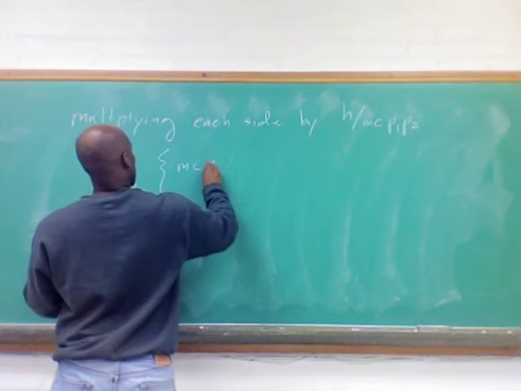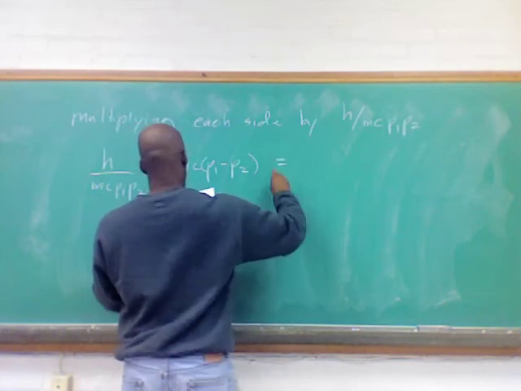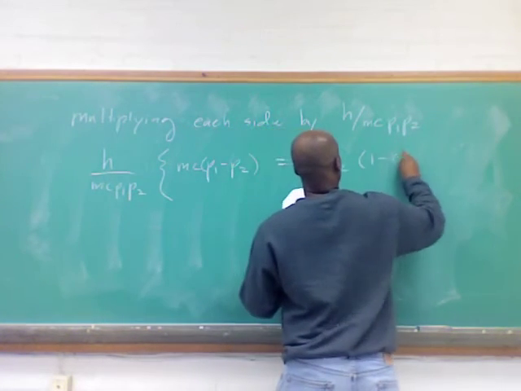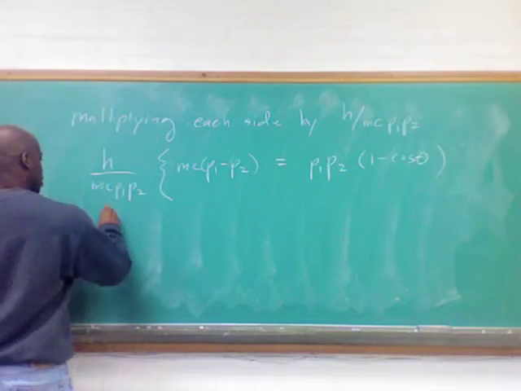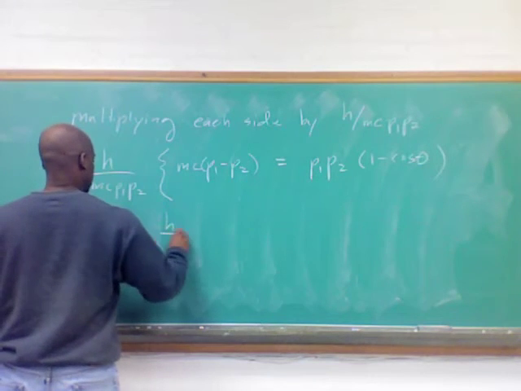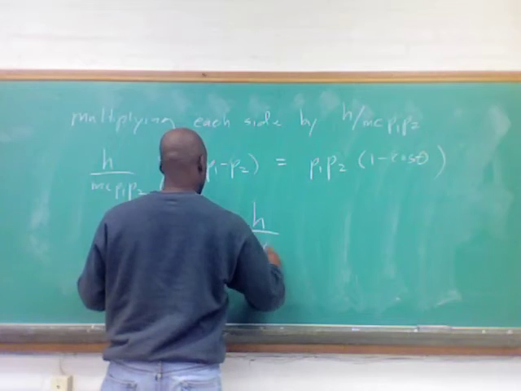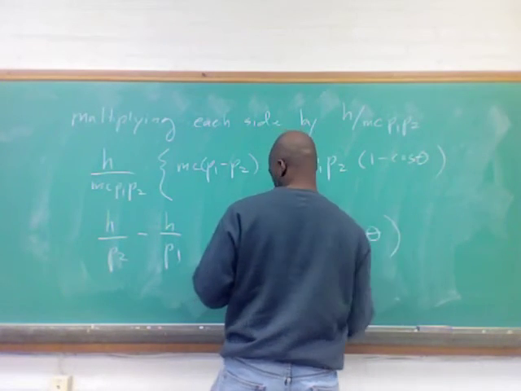MC (P1 minus P2) is equal to P1 P2 (1 minus cos theta). Or we get h over P2 minus h over P1 is equal to h over MC (1 minus cos theta).